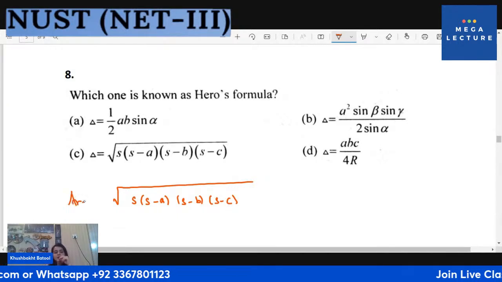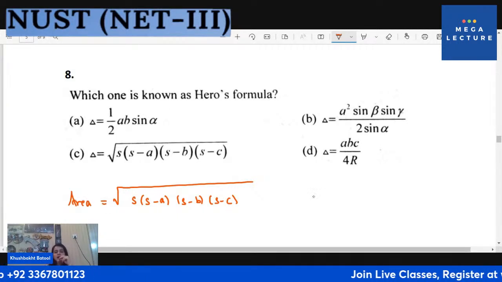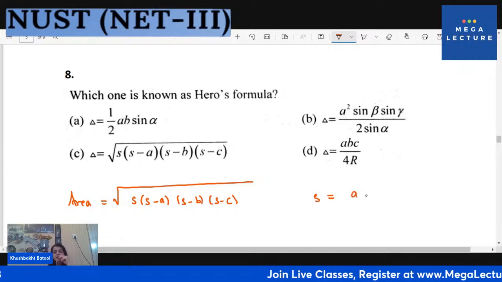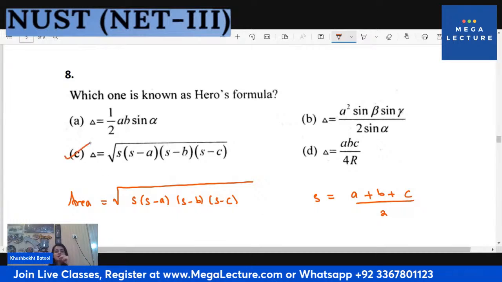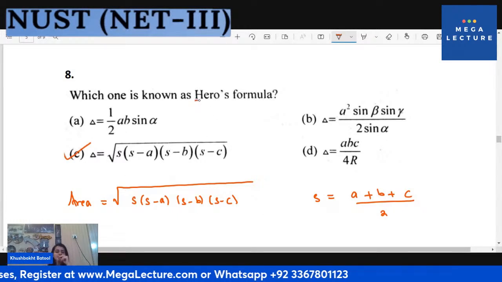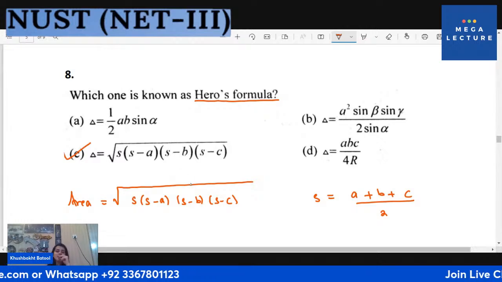This is going to give you the area of the triangle, where s is a plus b plus c divided by 2. So the answer is going to be C in this case. This is your Hero's formula, and you need to understand that it gives you area.